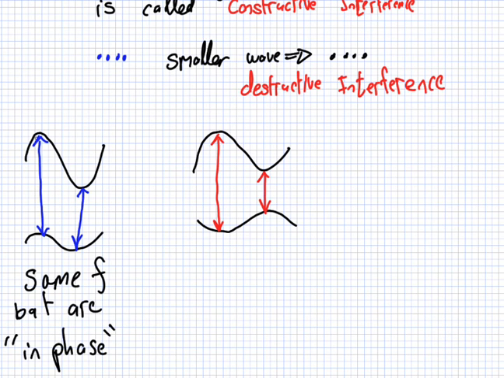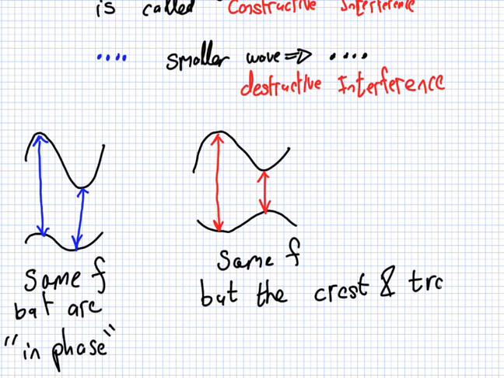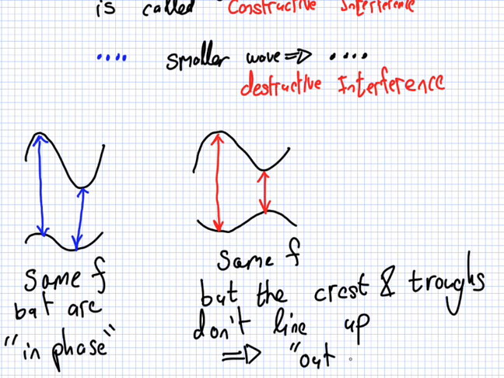That means the crest and the crest match, and the trough match. This wave here, it's the same frequency, but the crest and troughs don't line up. This, by the way, is called out of phase.